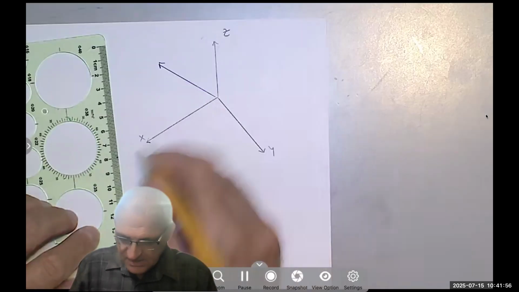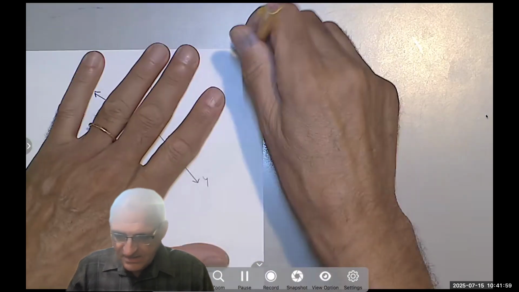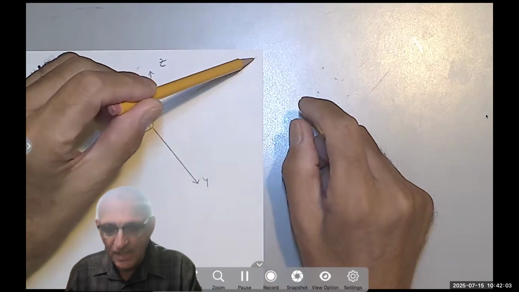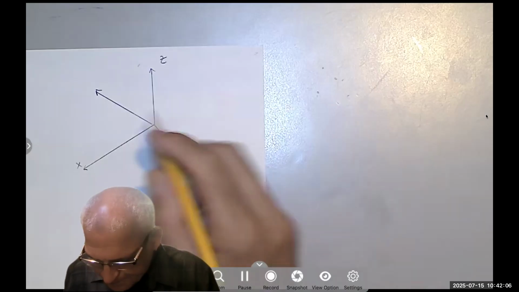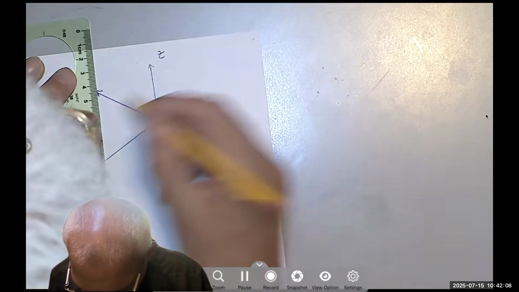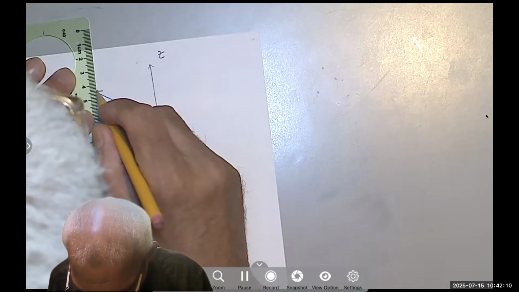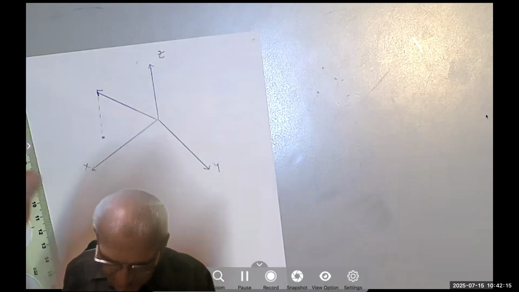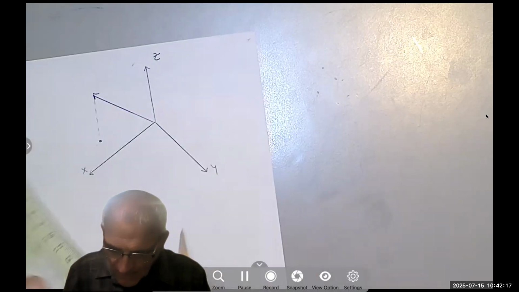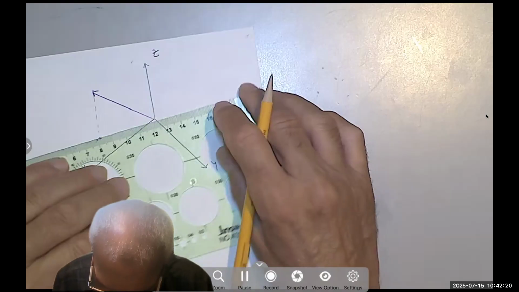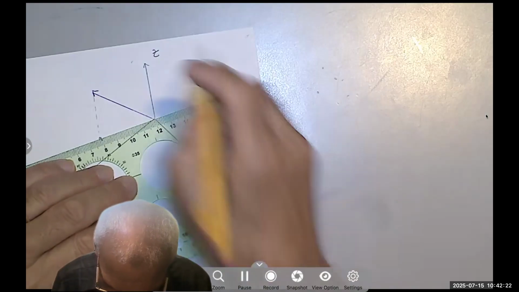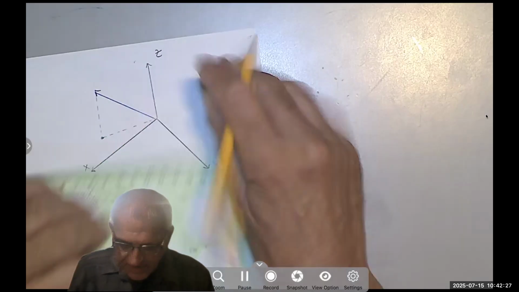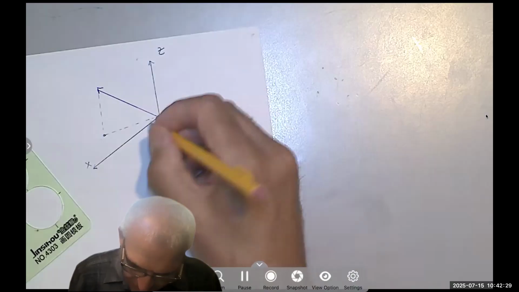So if this is the XY plane and that's the Z axis, my force is something like that. If I project it on the XY plane, it falls here. And maybe I can tell you the angle it makes with the horizontal plane, this angle, for example.